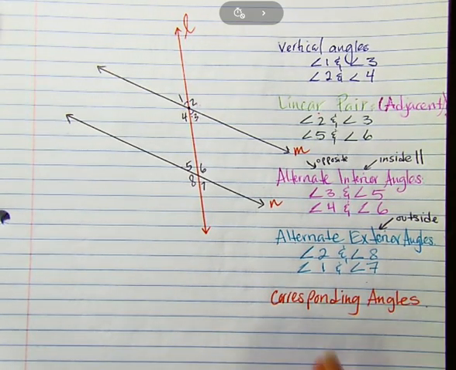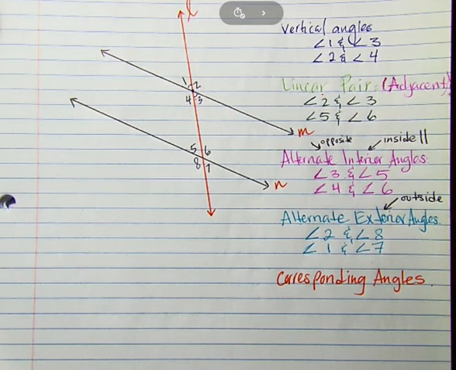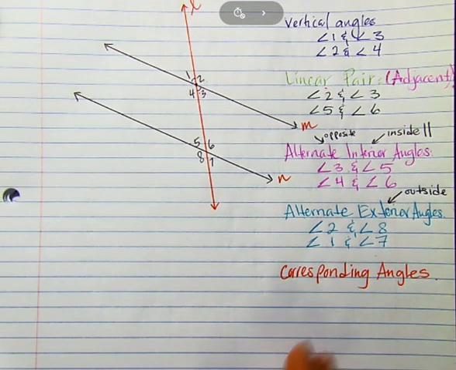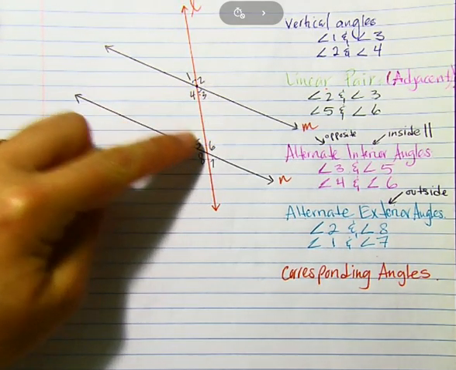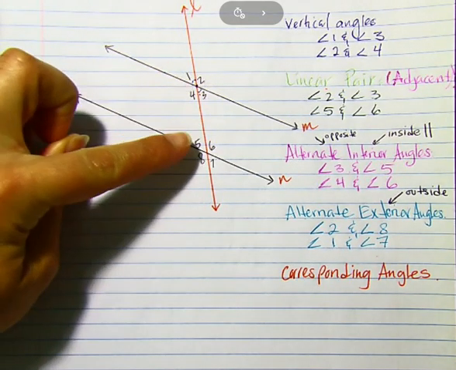Now, when I think of corresponding, I think of positioning in the same way, meaning when you look at two angles, you feel that their relative position is similar to the two lines that are parallel.